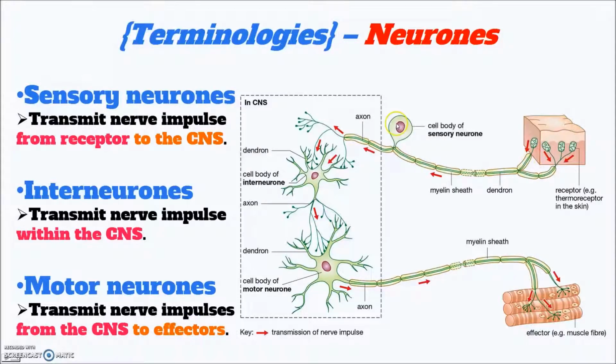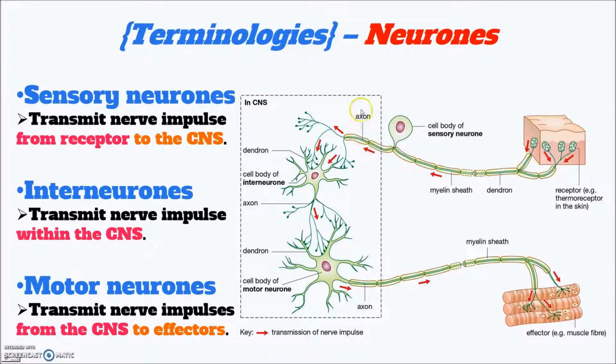By using the diagram, we can see that the sensory neuron is connected to the receptor, and the motor neuron is connected to the muscle, the effector. So remember the direction. One more point I would like to mention is the axon and the dendron. I have already talked about this in the lesson.